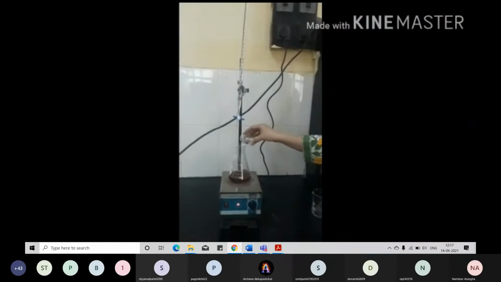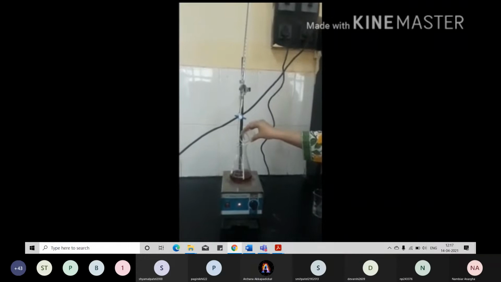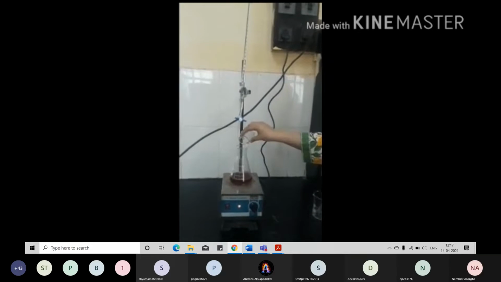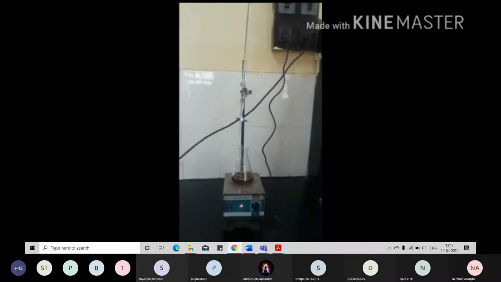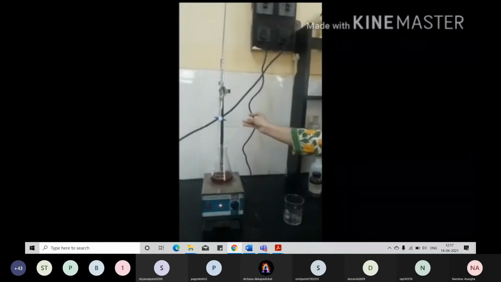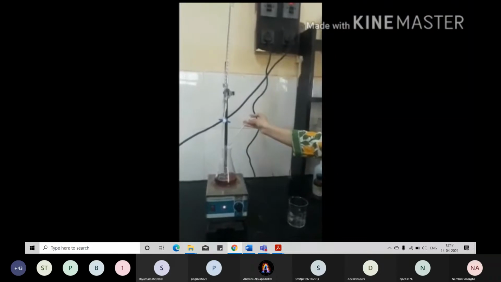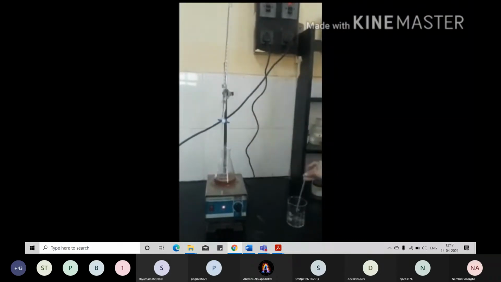To the previously titrated solution, 20 ml of EDTA solution was added and few drops of 1 molar nitric acid was added to maintain the pH between 1 to 2.